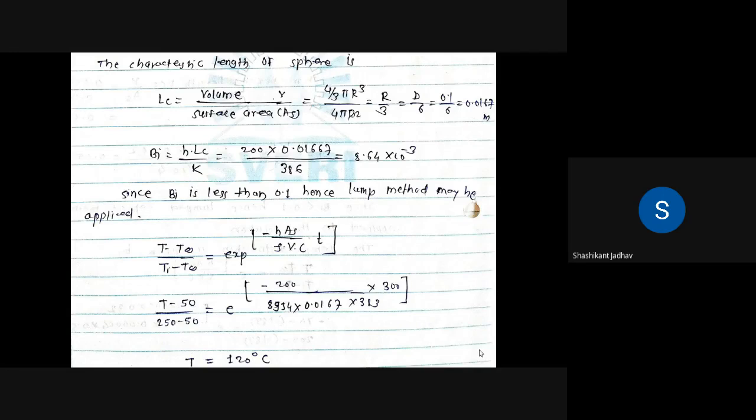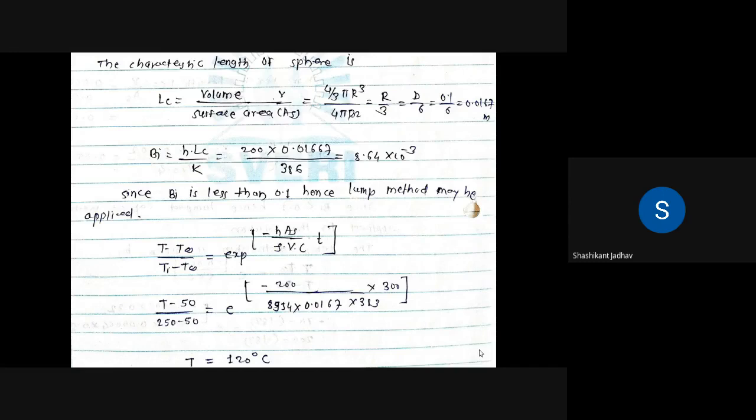So H is given 200. LC we have calculated 0.0167. And K is given 386. Put the values into this equation and find out the value of Biot number. So from that we get the Biot number as 8.64 into 10 raised to minus 3. So Biot number is less than 0.1. Therefore we have to use the lumped analysis method.